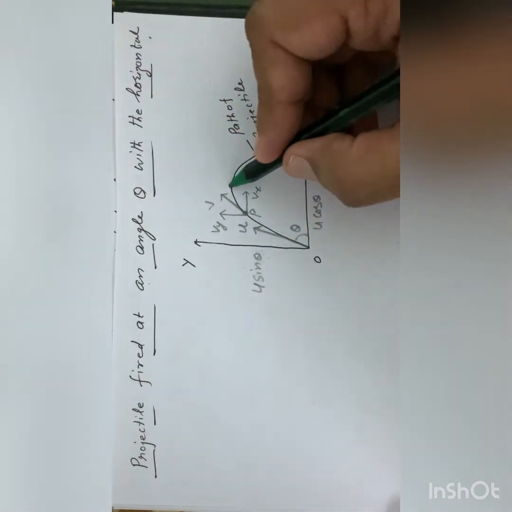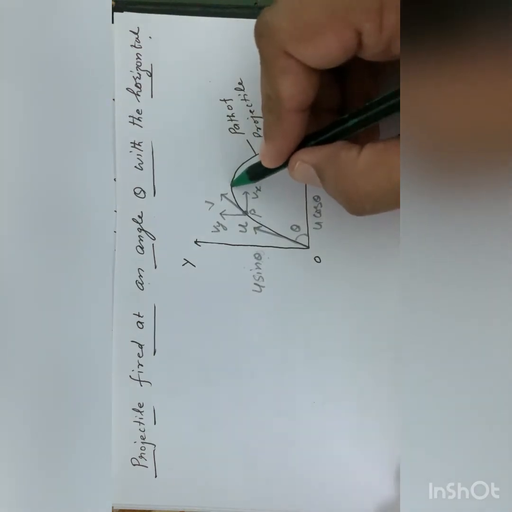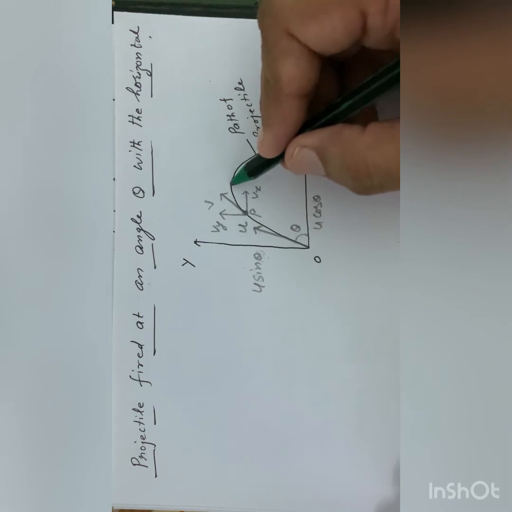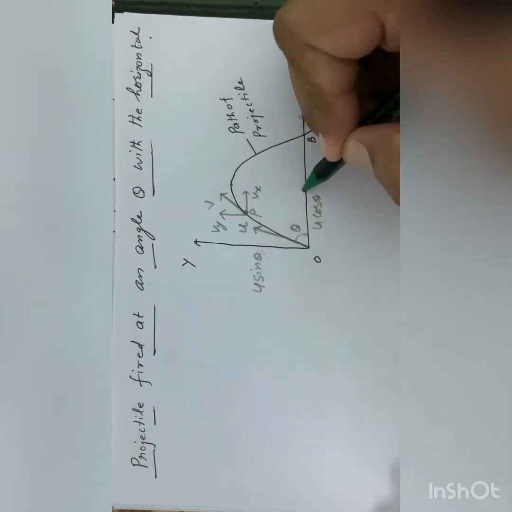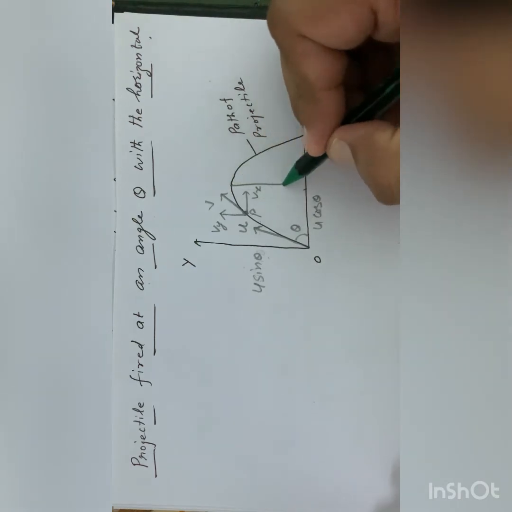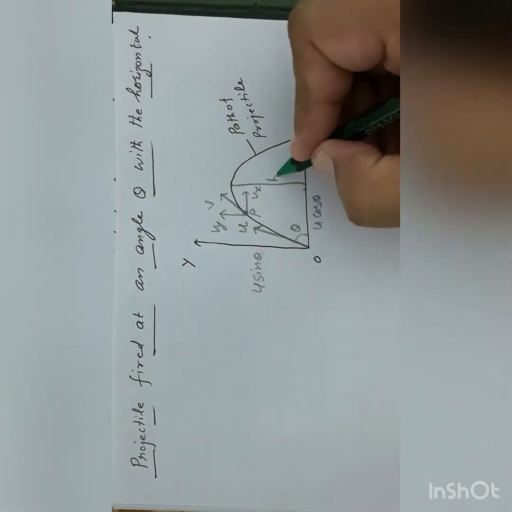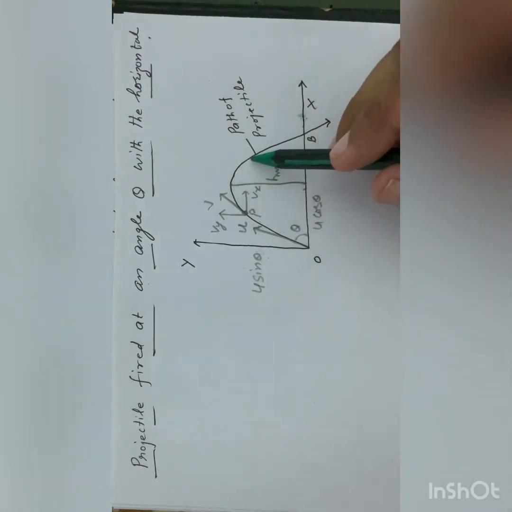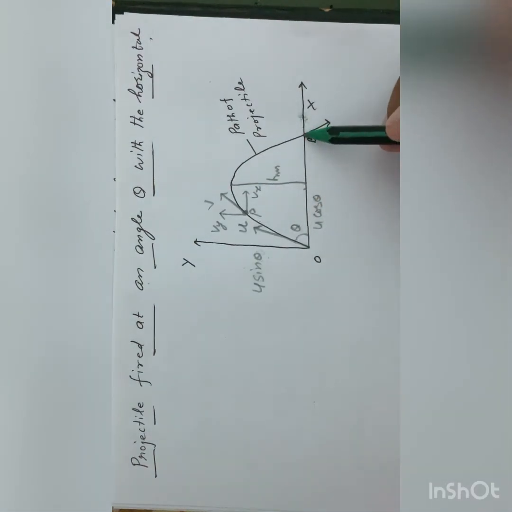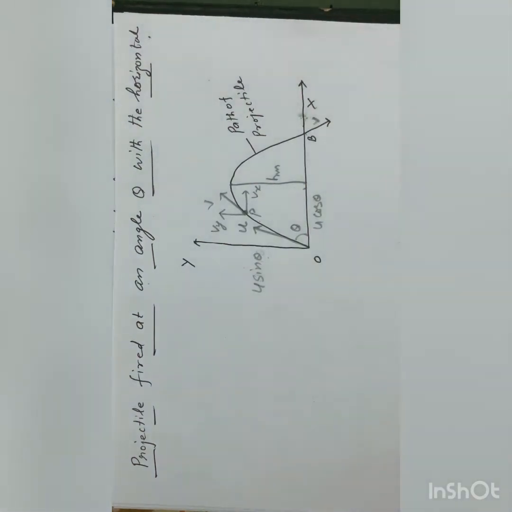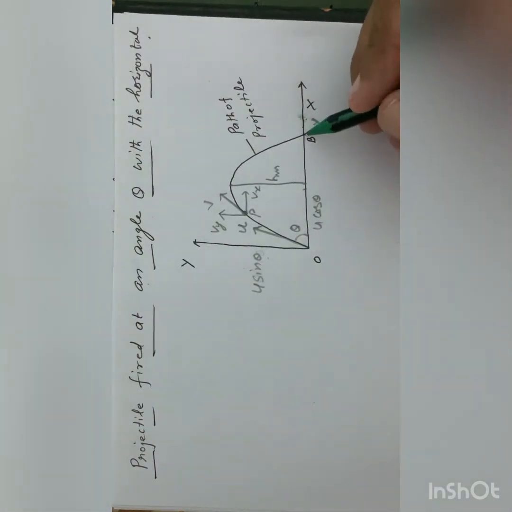Here this is the highest point. At the highest point, the vertical component of velocity is 0, and from here to this position, this is the maximum height attained by the projectile, and then it hits the ground at B. Say it has velocity v at the time of hitting the ground.